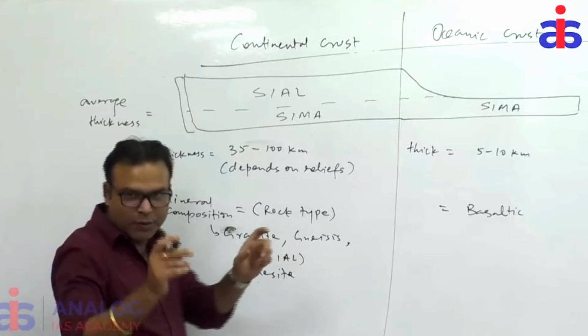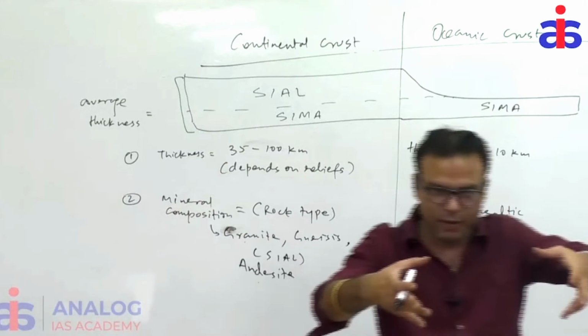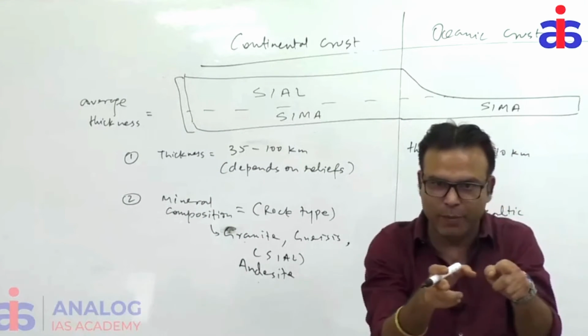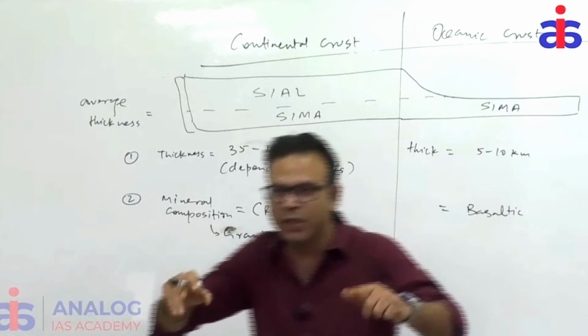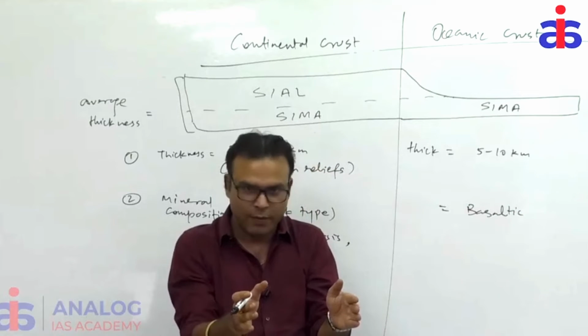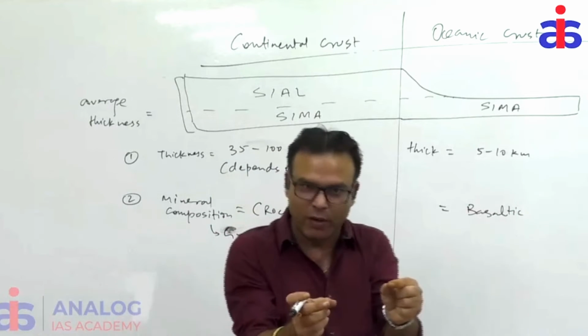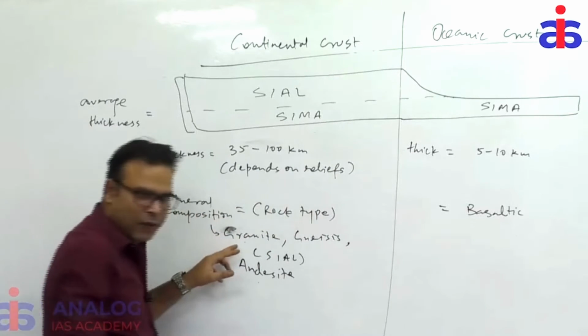Andesite. Meaning, the land is mainly granite, the boundaries of that land are made up of andesite, and the sea is made up of basalt. But andesite is very small, the boundary area only. The majority is granitic rocks.